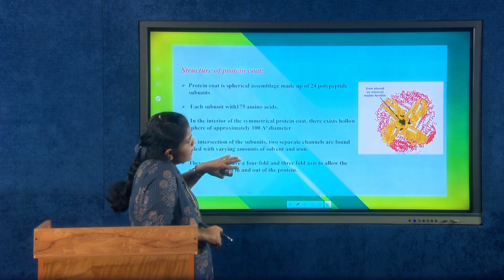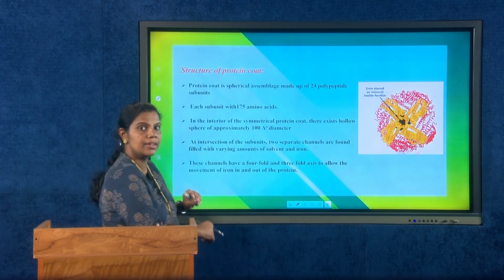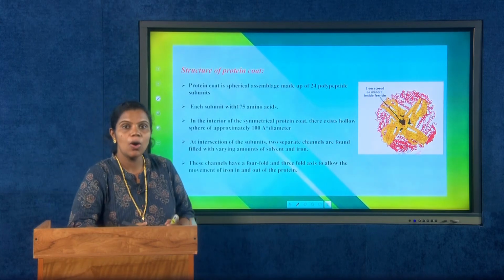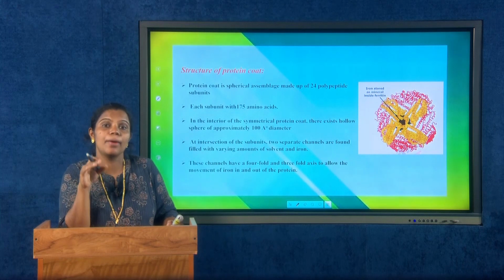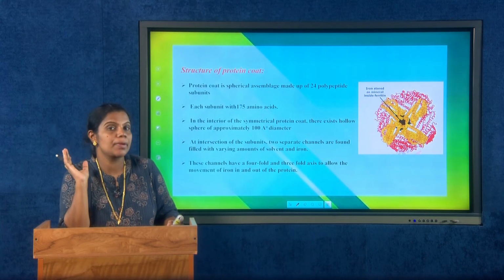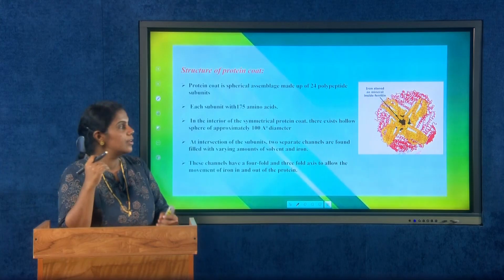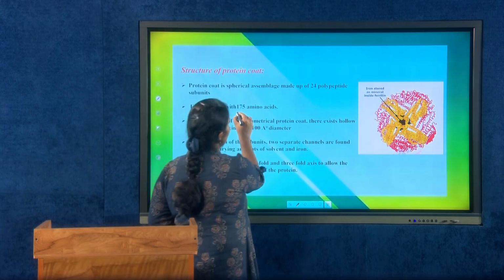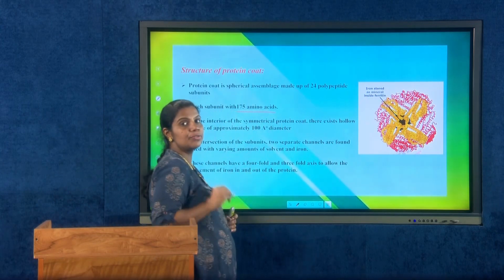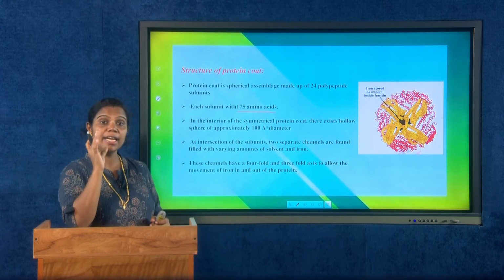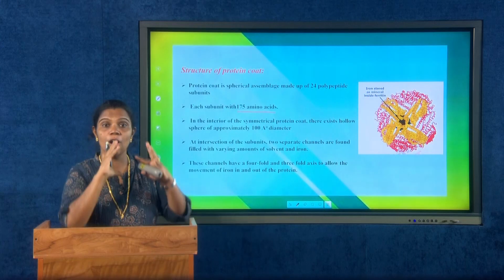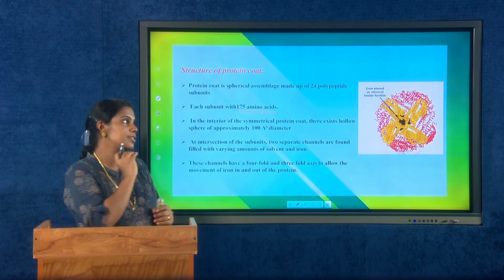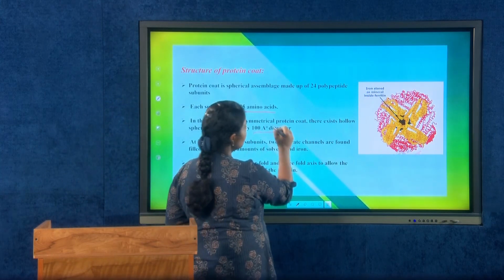Now let us see in detail what the protein coat is. Actually, the protein coat is a spherical assembly made up of about 24 polypeptide subunits. Each subunit contains almost 175 amino acids. In the interior of the symmetrical protein coat, there exists a hollow sphere of approximately 100 angstrom diameter.